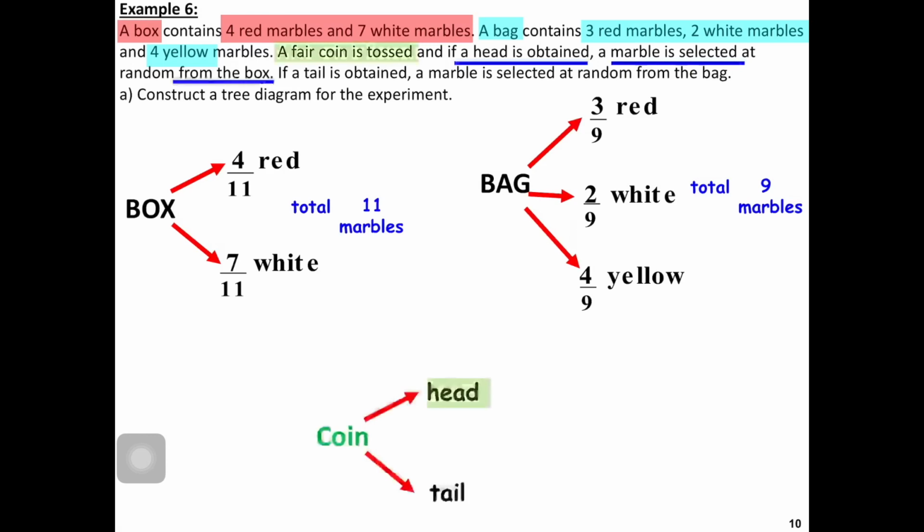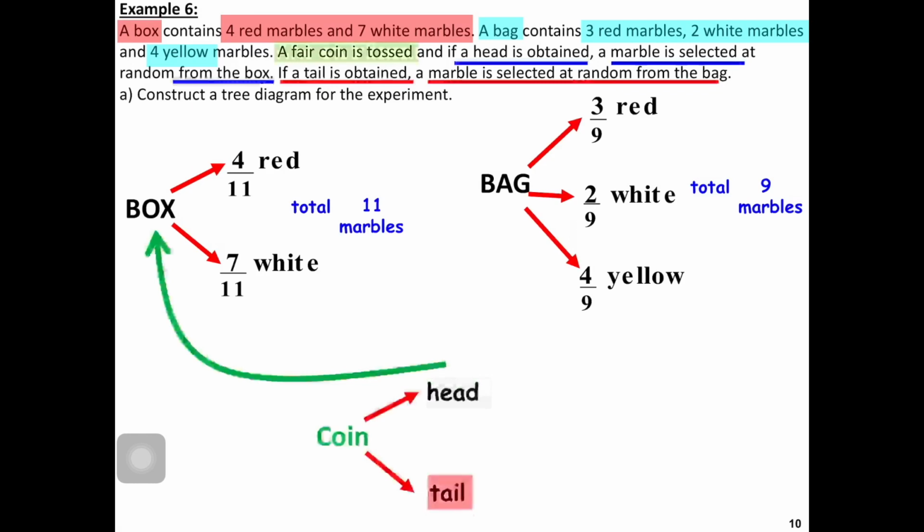So if you get a head, you will take a marble from the box. If a tail is obtained, a marble is selected at random from the bag. So if you get a tail, you will take a marble from the bag. Construct a tree diagram for the experiment.